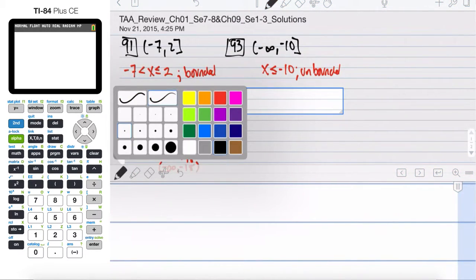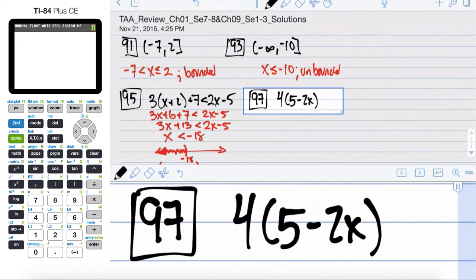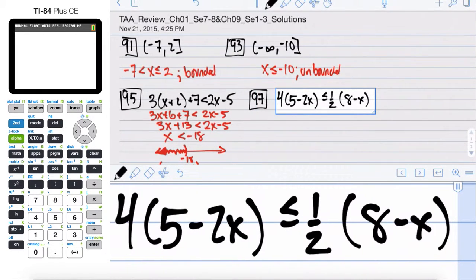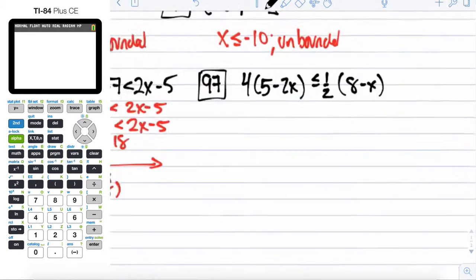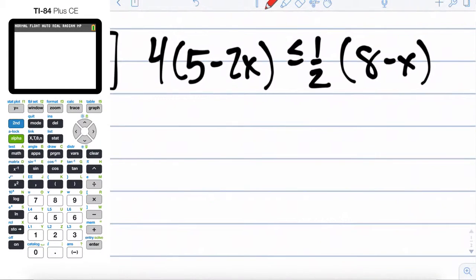Right, 97. 4 times the grouping of 5 minus 2x is less than or equal to 1/2 times (8 minus x). Alright, so I'm going to take that and multiply everything by 2 because I don't want to have to deal with that 1/2. So I take the whole thing and I multiply it by 2.